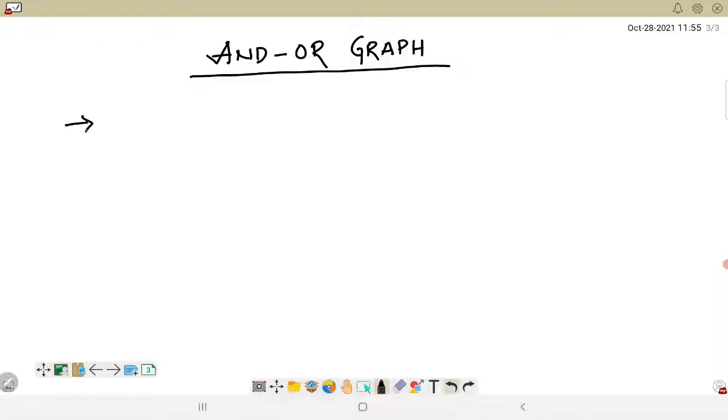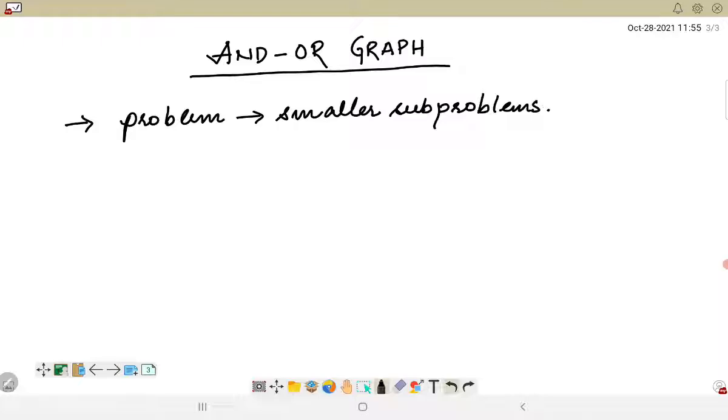So if we are considering a problem and we are breaking it down into smaller sub problems and try to find out the solution for each of the sub problems, then it is actually a representation of this AND-OR graph or AND-OR search strategy. Okay, so each of these sub problems needs to be solved, right?